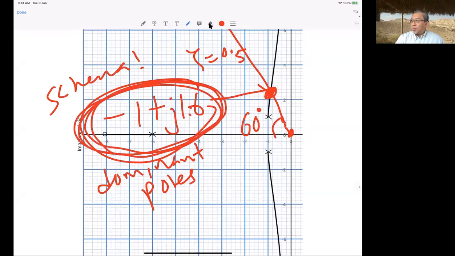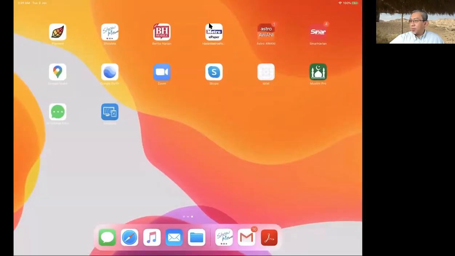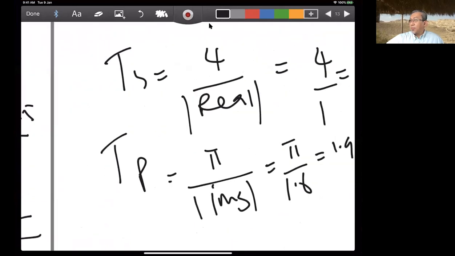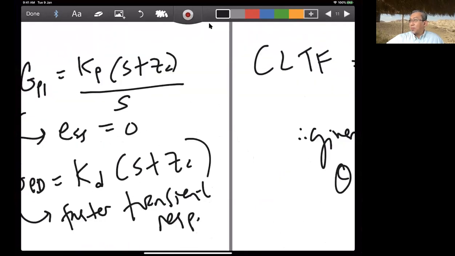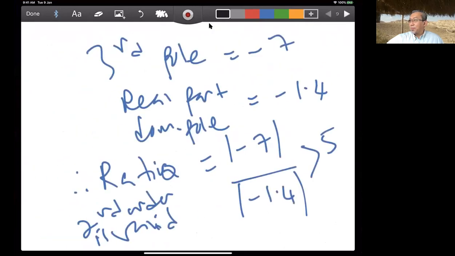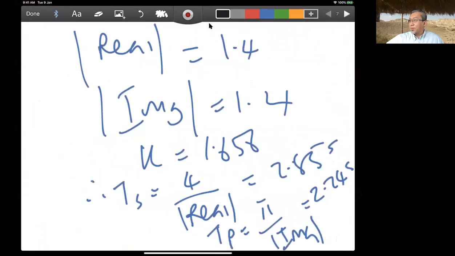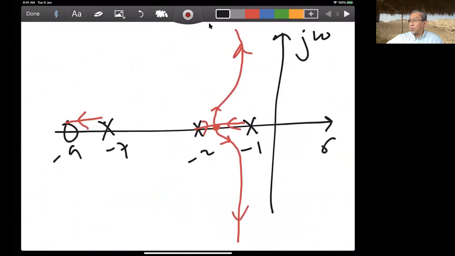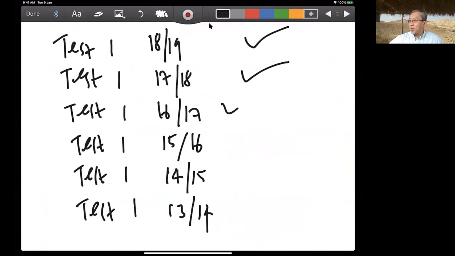So this is what they call our revision for test one. There's so many things here. So we already finished this one.